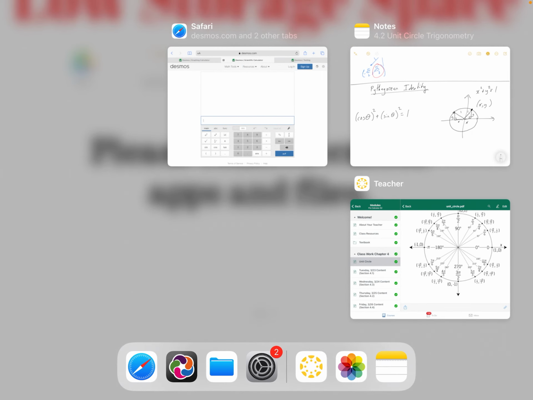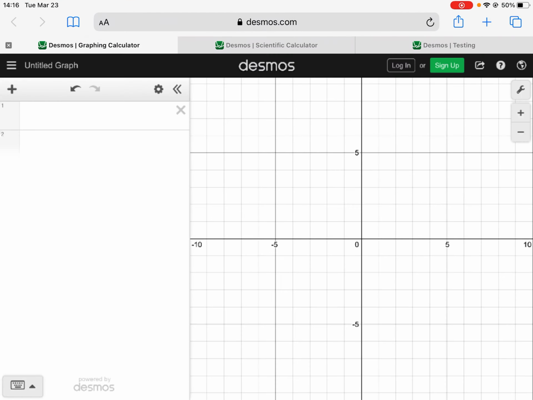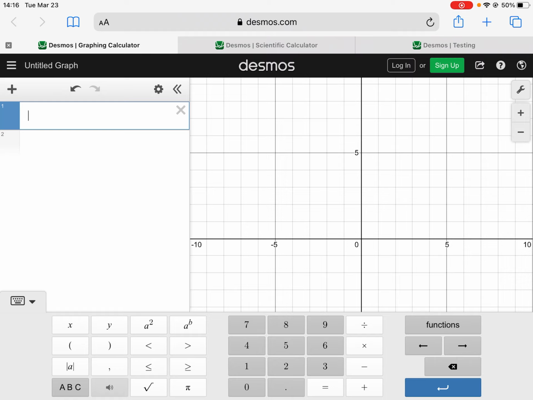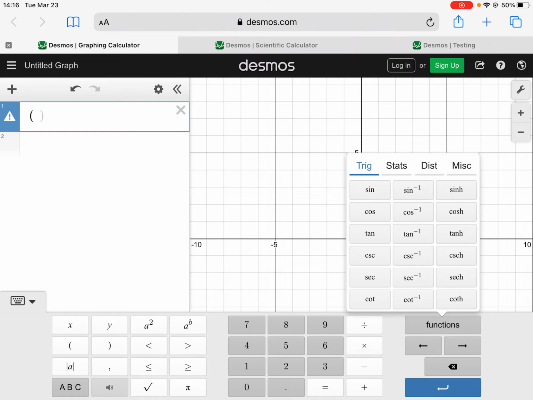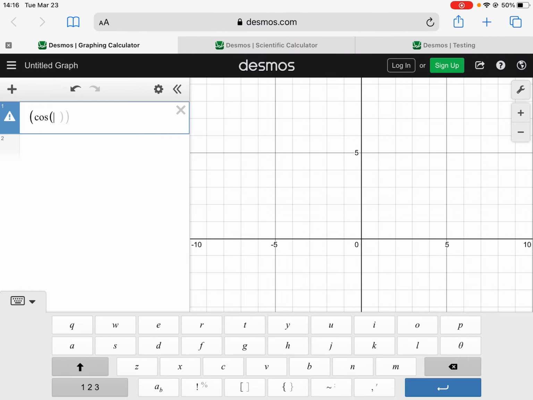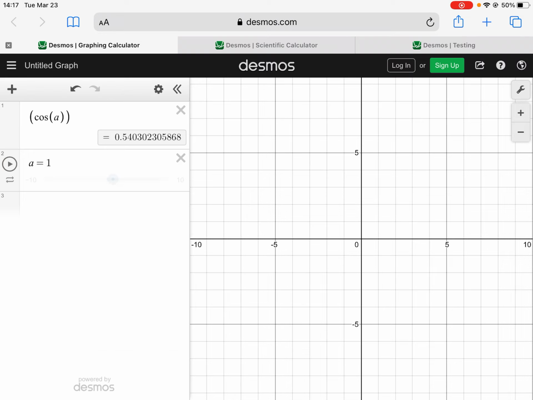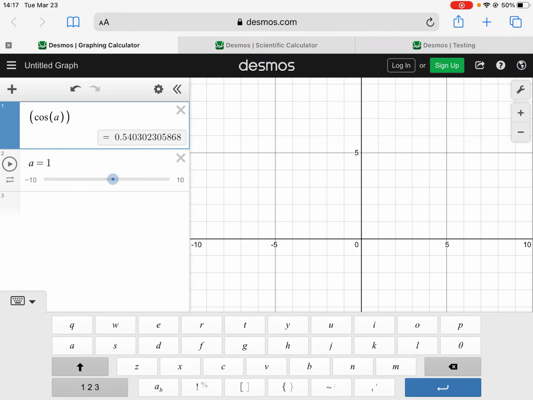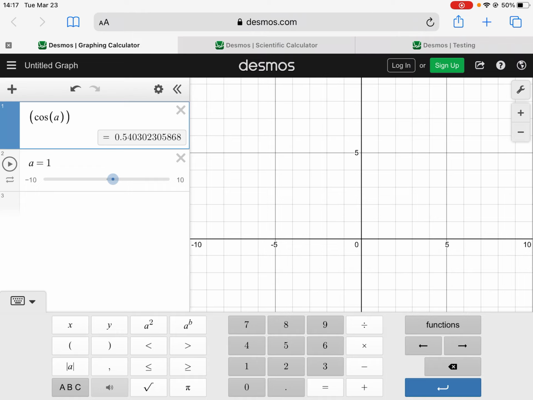We can actually show this on Desmos. So I need my functions. I need cosine of, I'm just going to use some random letter, so I can add a slider for it. Then let's go back here.